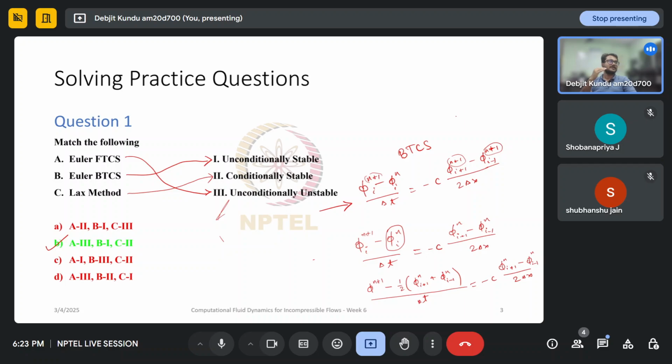That's the time step you're standing on. And while taking the time derivative, you go back to n, backward in time. It means we did not know the value at n plus 1. N plus 1 is unknown. We solve for that. Yes, exactly.